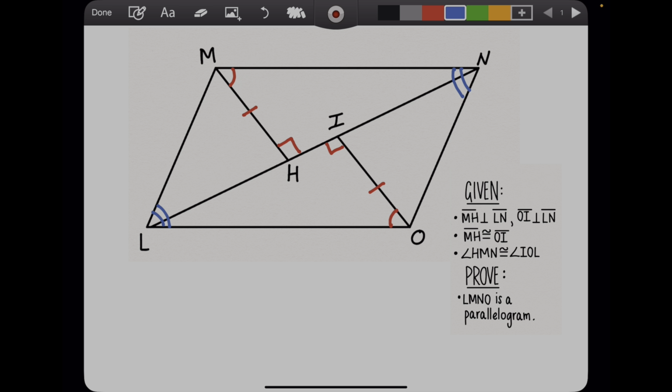Another thing we could prove is that diagonals bisect each other. However, we don't have diagonals here going from one vertex to another. But we can prove the theorem, which states that if a quadrilateral has one pair of sides that are both parallel and congruent, then it is a parallelogram. So in order to prove that theorem, we need to state that MN is congruent to LO and parallel.